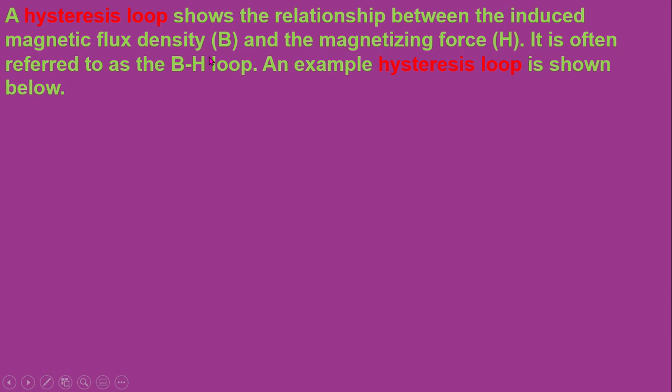Dear students, now I will explain an interesting thing, that is the hysteresis loop, which shows the relationship between the induced magnetic flux density B and the magnetizing force H. It is often referred to as the BH loop. An example of a hysteresis loop is shown below.